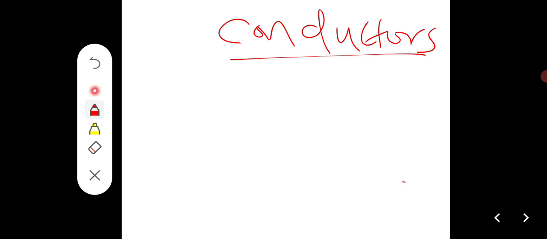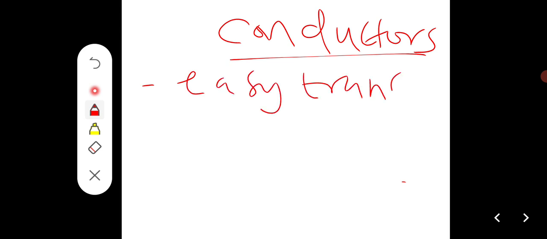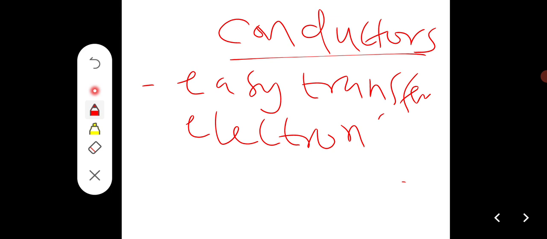Conductors are materials which easily transfer electrons. For example, copper and these metal things are good conductors. They transfer electrons very well.